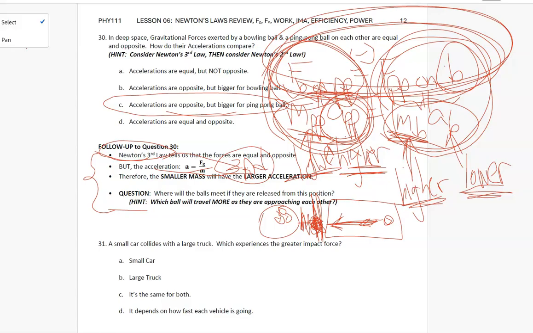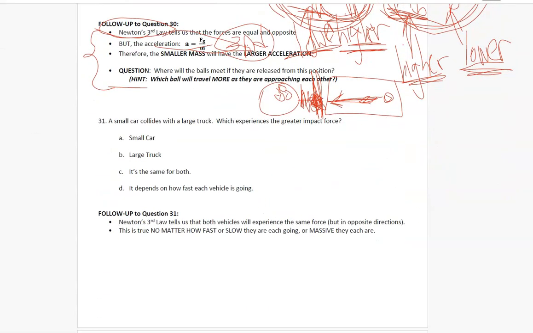All right. Question 31, and this is the last question of the mandatory questions. The last two questions, questions 32 and 33, are optional, more advanced questions. All right. 31 says, a small car collides with a large truck, which experiences a greater impact force.